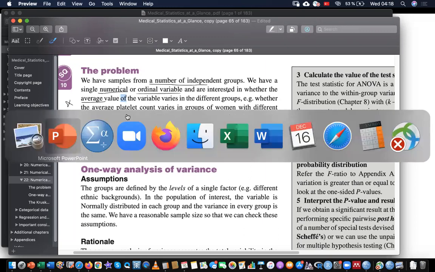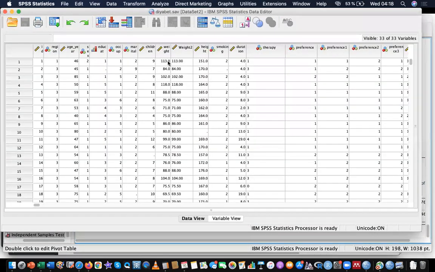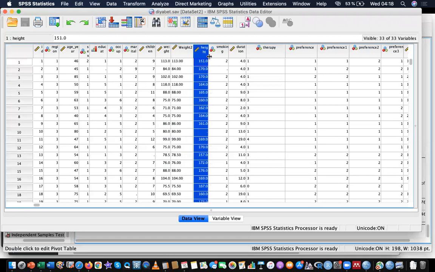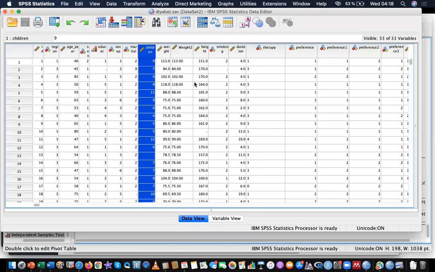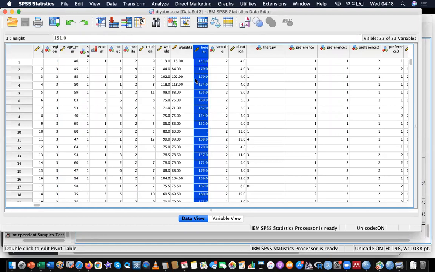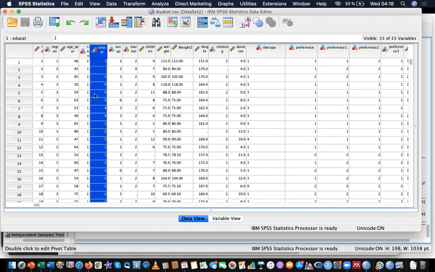In my data set here, I have weight, height, age, and number of children. These are my numerical variables. So let us assume I want to compare the height between the different educational categories. Education has more than how many? 1, 2, 3, 4, 5 categories.